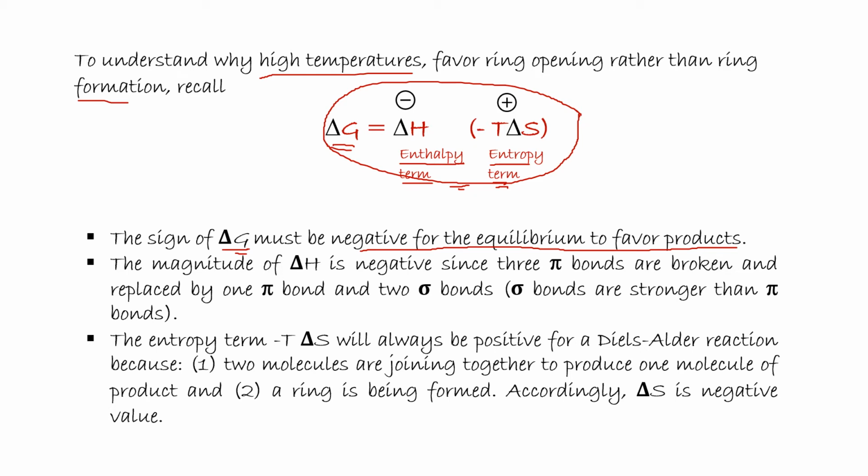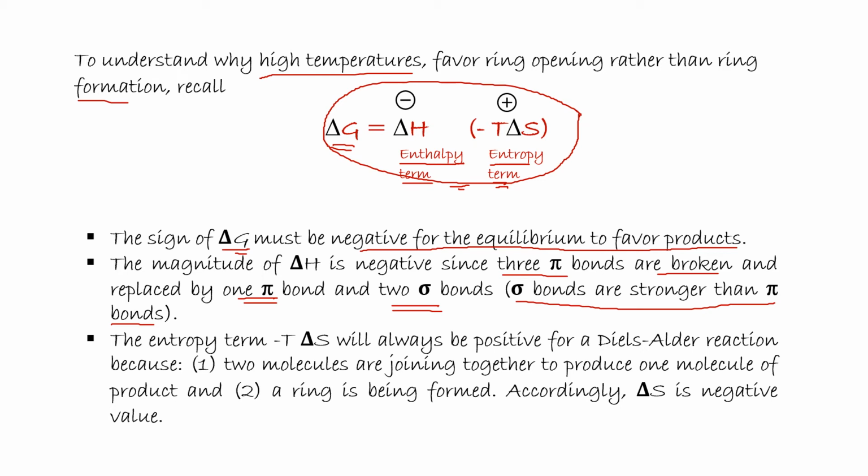In our case, in the starting material, 3 pi bonds are broken and replaced by 1 pi and 2 sigma bonds. Sigma bonds are stronger than pi bonds.